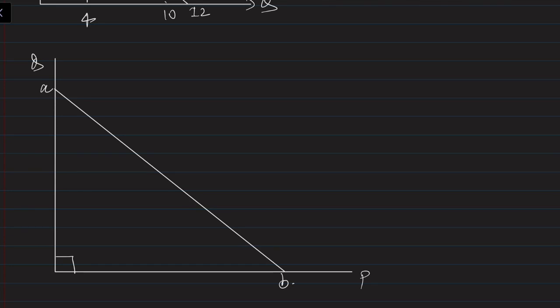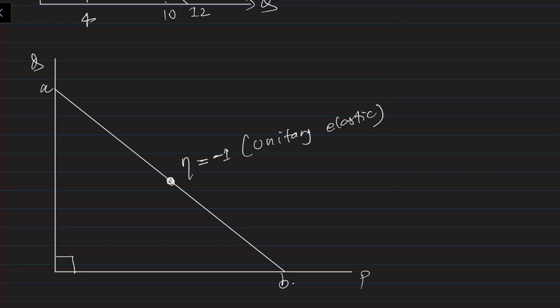Okay, so let's take the midpoint. Now my claim is elasticity at this point is -1, or the demand is unitary elastic. Now how do you prove this? So let's prove this.